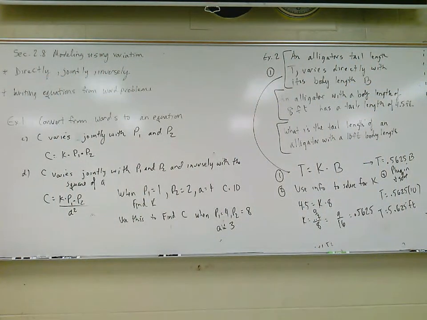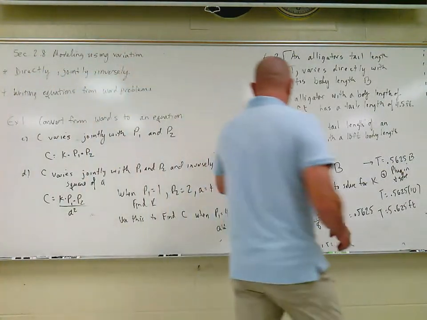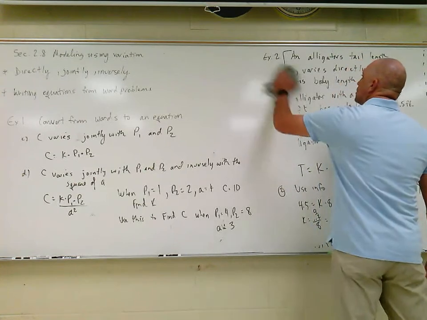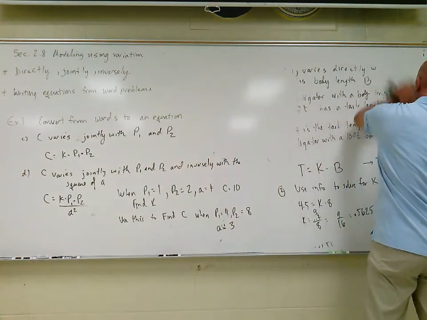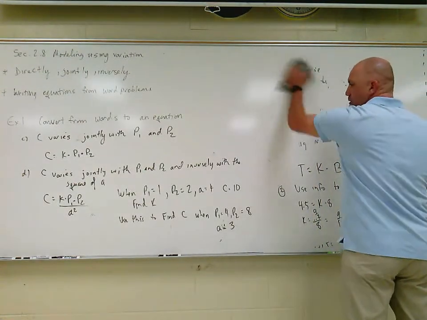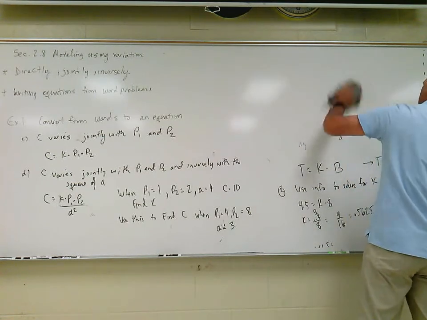Always you solve for that constant of proportionality first, unless it gives some other kind of instruction, and then you plug in. We've already done step 1, right? We've already written the equation, so you don't need to do that again.